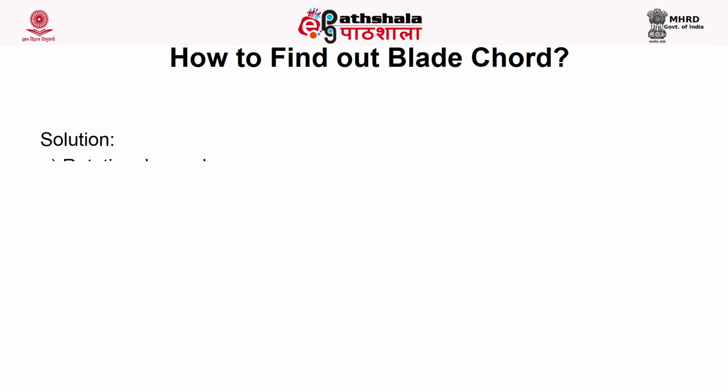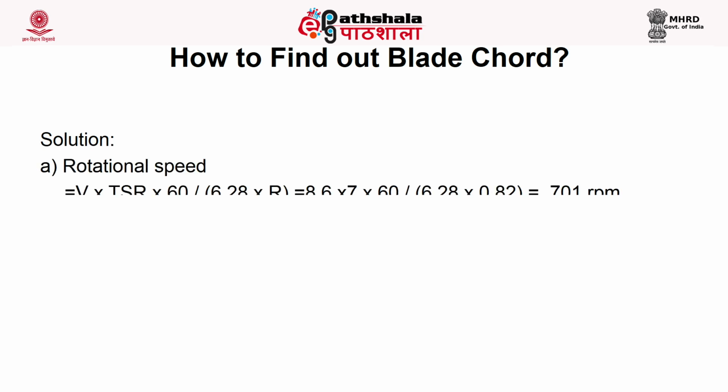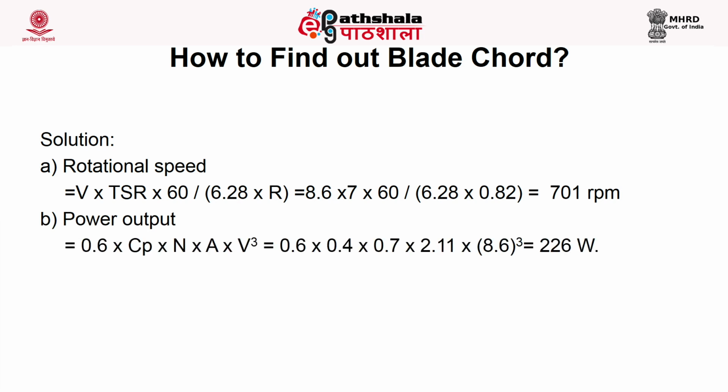Then we will get a rotational speed of 701 rpm. And for the power output, apply the formula 0.6 times the power coefficient multiplied by N multiplied by A, that is area, multiplied by the cube of the velocity. We will get 226 watts.